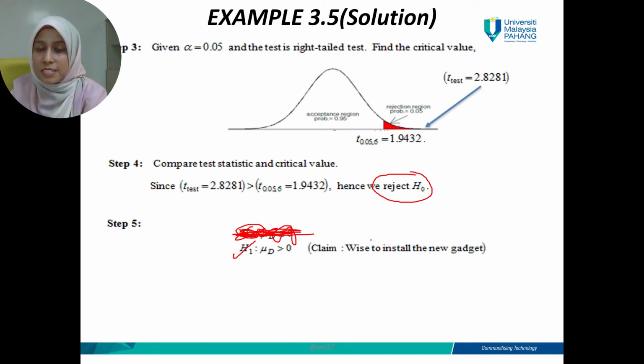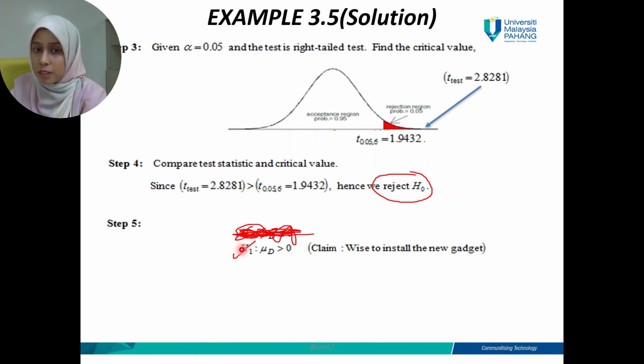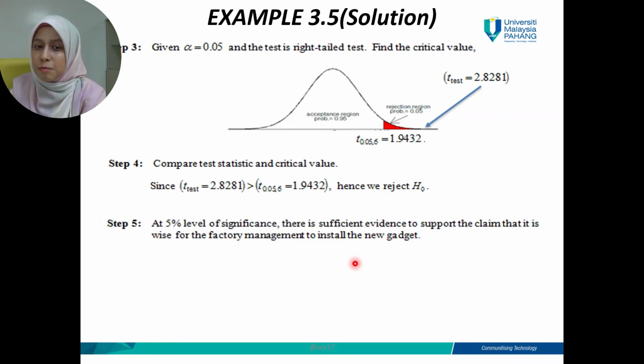Since the claim is at H1 and we support H1, we also support the claim. This means that at 5% level of significance, there is sufficient evidence to support the claim that it is wise for the factory management to install the new gadget, because the evidence supported that the new gadget does minimize the number of bacteria after installing it.